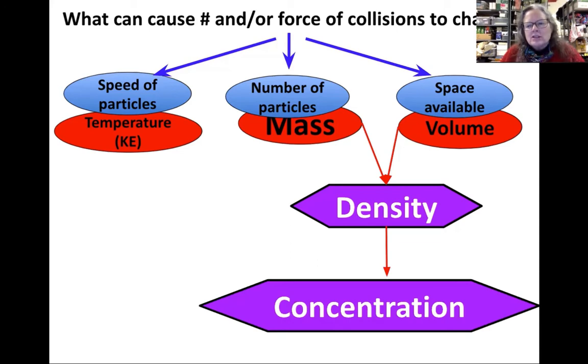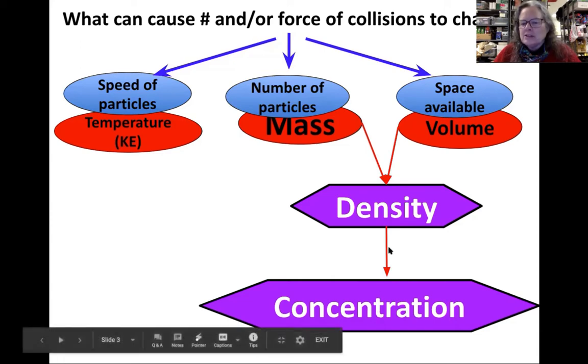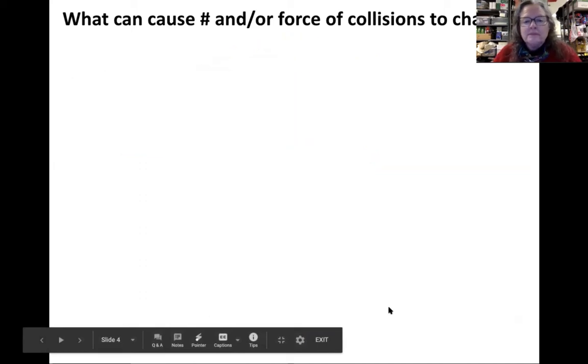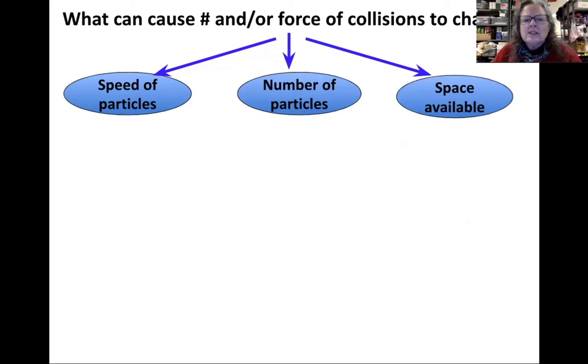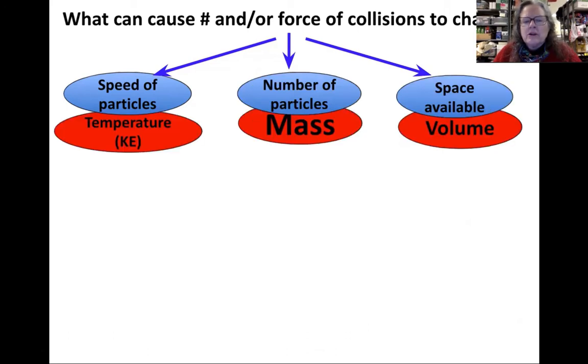You could say the concentration of the air particles in the flask is the same as in the room. You're going to change one of these specifically, but you can use these terms interchangeably. Apparently, concentration is used more in chemistry. So there you go. Okay, so we have our setup as before.